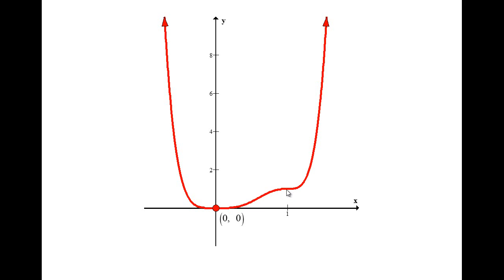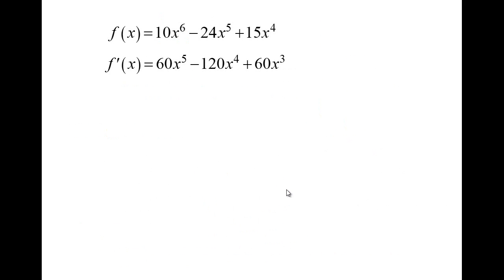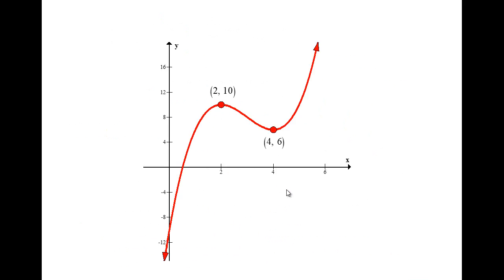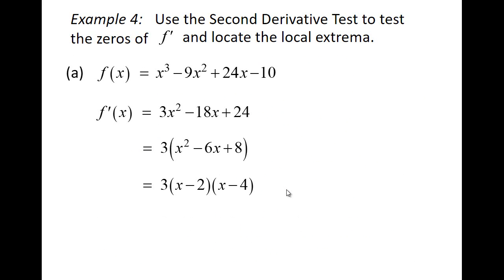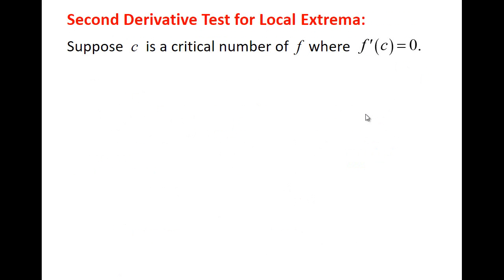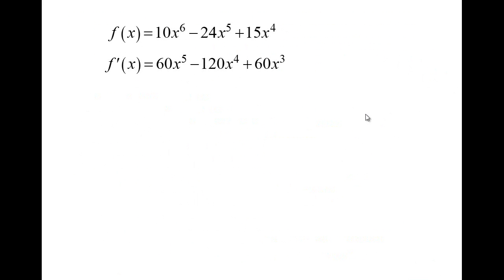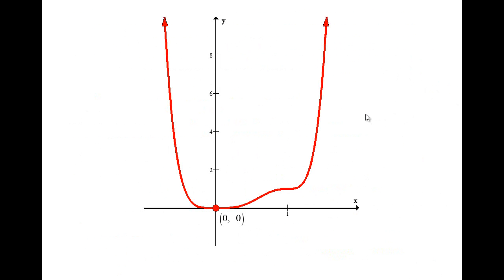So this is the third case that I talked about here. Let me go back to it. This is the third case right here, what's happening at the critical point 1.